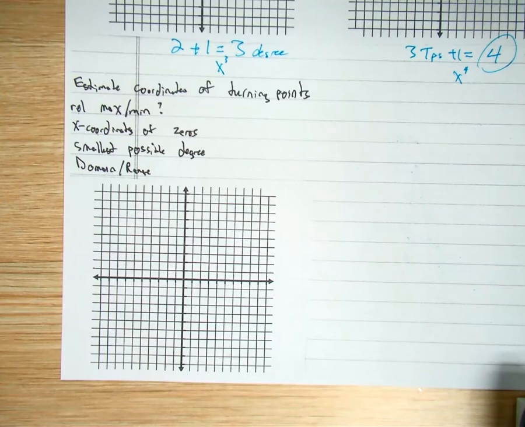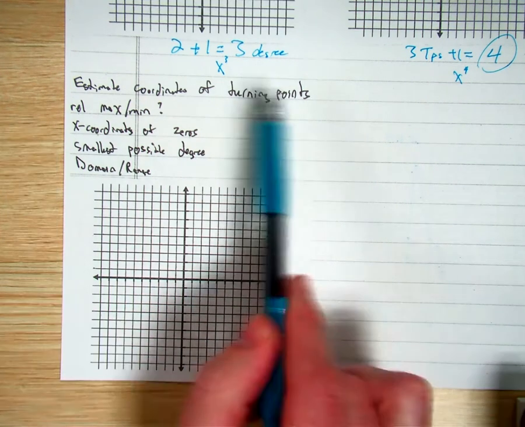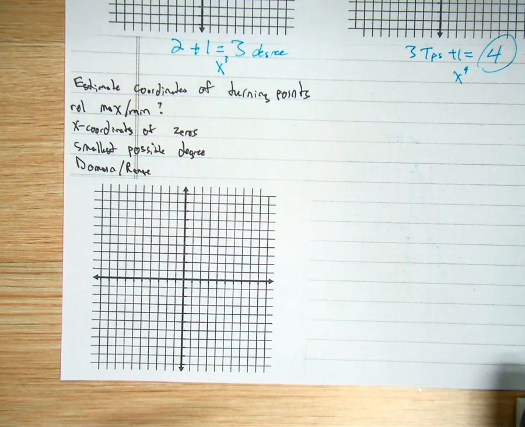Okay? And then another problem that you're going to have towards the end of your assignment is that the book's just going to give you a graph, and you're going to estimate the coordinates of all of these things. You have to estimate the relative max and min, estimate the coordinates of the zeros, determine the smallest possible degree it could be, and we're going to do turning points plus 1, and then give the domain and range.